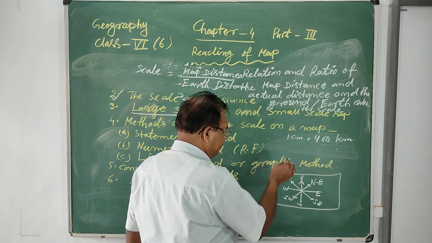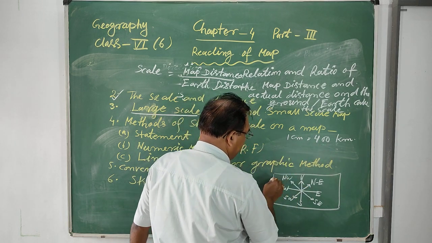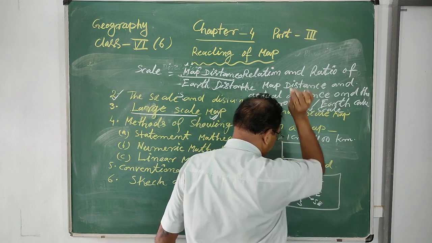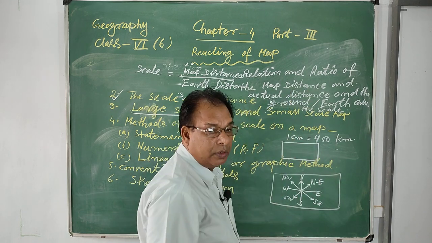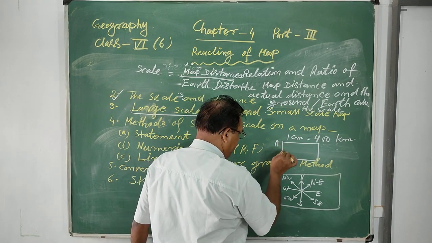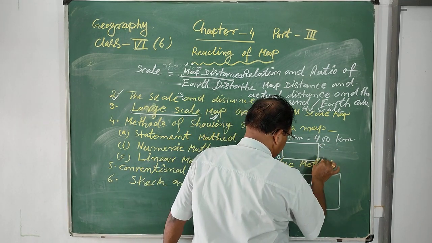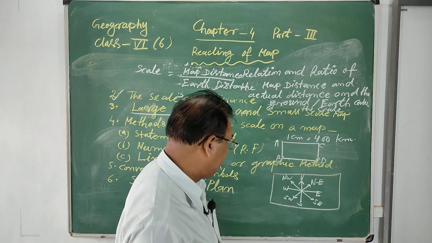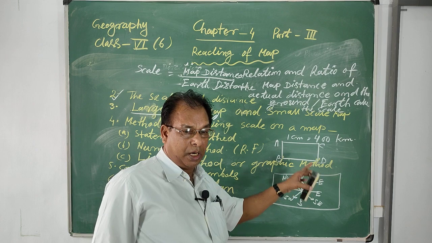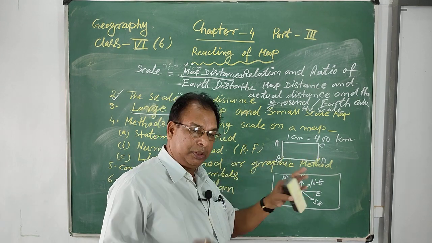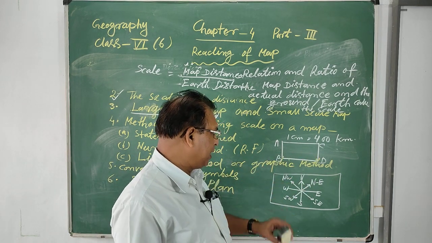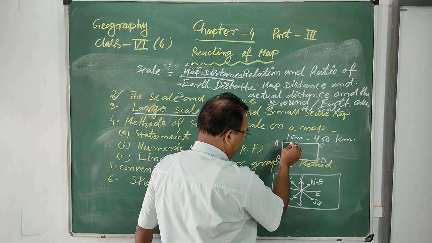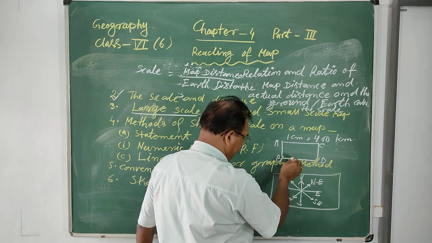So you have a paper. Suppose that you have a small land available. These areas A, B, C and the D. Suppose that these are the small lands you have available. So when you want to show or measure this map area with the help of scale, you can show 1 centimeter is equal to 400 kilometer.